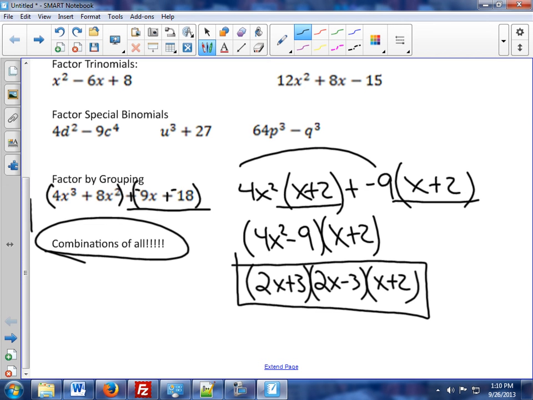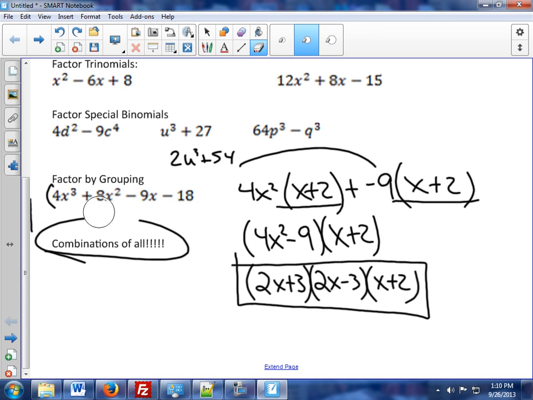And the last thing I'd say, I could use a combination of all of them. I could put a GCF on one of these. Probably won't on this one. But I can make a factor special binomial have a GCF in front of it that turns out to be a special one. Or like here, if I made it like this, let's see, I want to bring a 2 through, so that's 2u cubed plus 54.